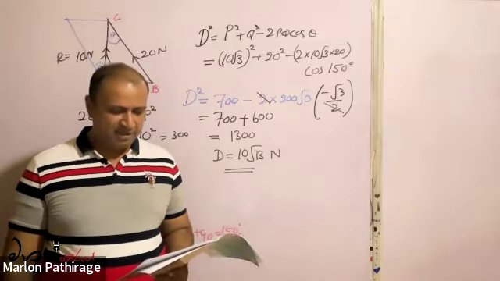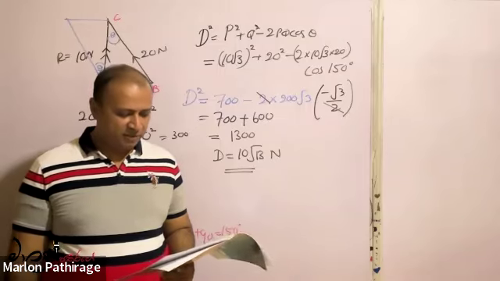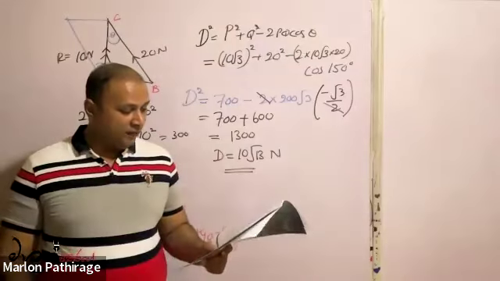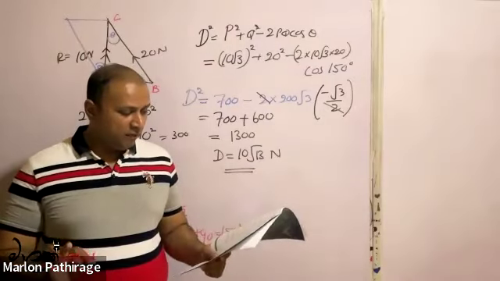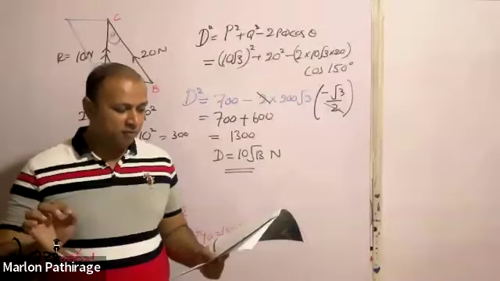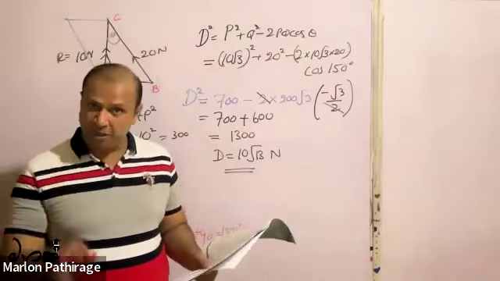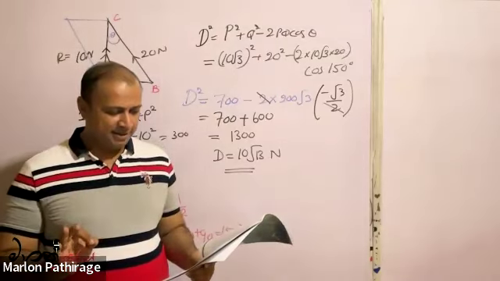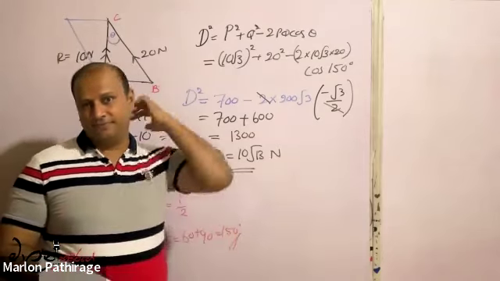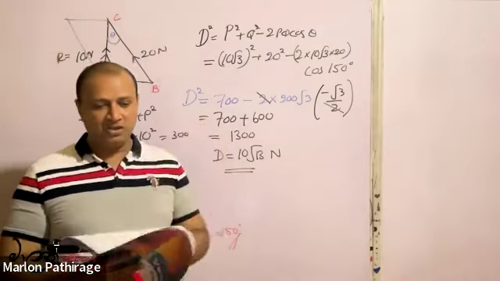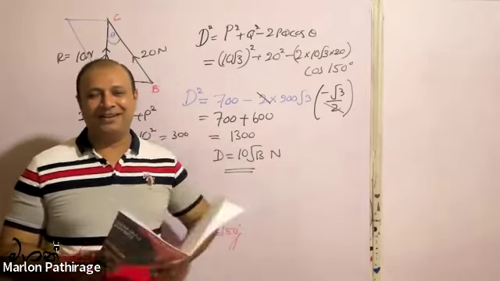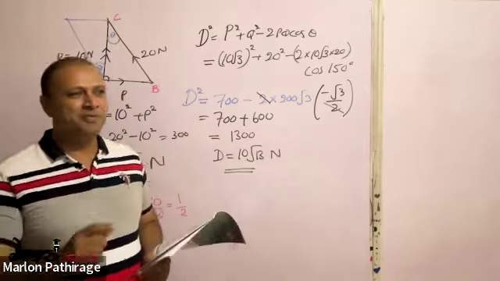Third one. What is the answer for the third one? If the magnitude of the resultant of two forces of magnitude P is P, then the angle between the two forces is 120.